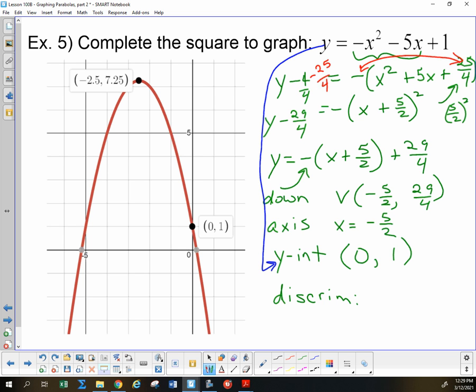If we put in our axis of symmetry going through this negative 2 1/2 right here, if we go 2 1/2 to the left and then 2 1/2 more to the left, we have this symmetric point. Since it opens down, we can simply look at the graph and say, we have 2 x-intercepts. Because we have 2 x-intercepts, that discriminant had to be positive, even though I did not find the coordinates of those x-intercepts. And that brings us to our last example of the day.